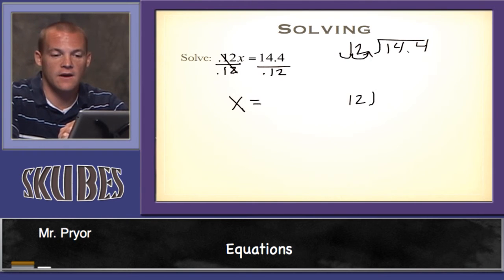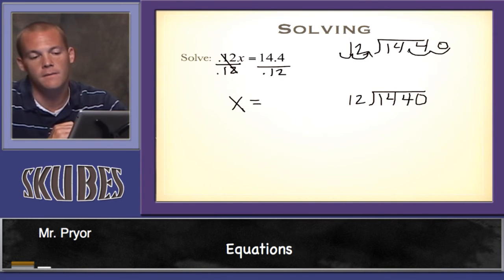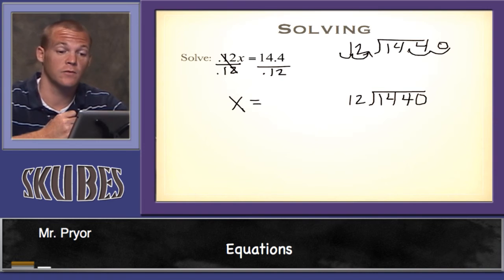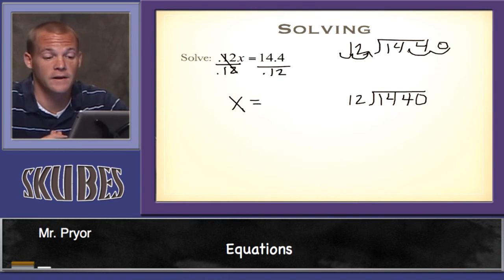And in doing that, I also have to modify what's underneath by moving the decimal the same number of places. So I'm going to end up having to add a 0, and that's going to give me 1,440. Okay, so now I'm really just dividing whole numbers at this point. There's really no decimals left unless I have to add one for my solution.